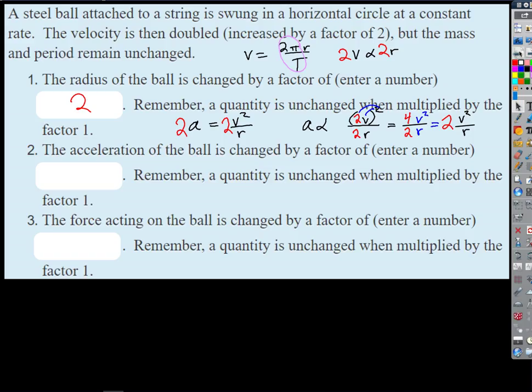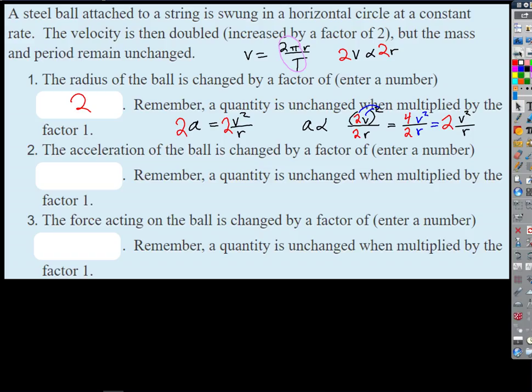If the velocity is doubled, imagine this: you can take a straw and hang a string through the straw with a weight on it. If I swing the straw around, and I'll demonstrate this for you, there's a little weight on the end of the string, so it swings in a circle. Does that make sense?